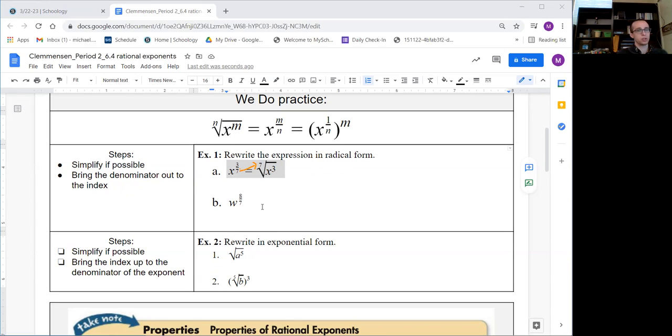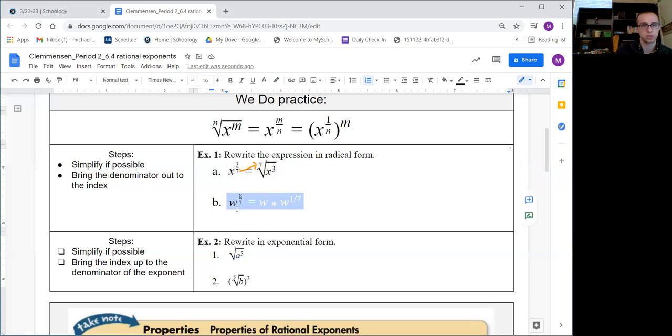Now it gets a little bit harder when we have something like this, because this can be simplified. I'm going to show you two different ways to simplify this. One way is to simplify when it's still a fractional power. The other way is to change it into exponent and radical form and then simplify.